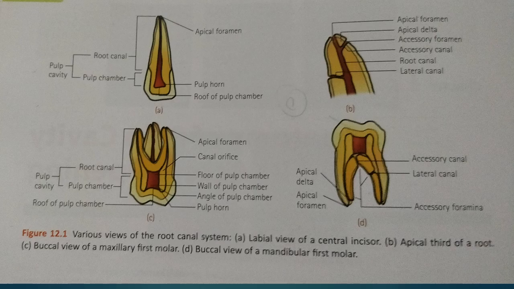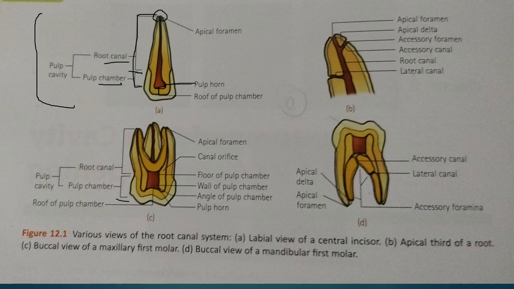See, this is a picture of the anterior teeth. From here to here is the pulp cavity, which has been divided into two portions, the pulp chamber and the root canal. This is the roof and this is a pulp horn. See, it extends itself so as to form the contour of the tooth, and this is the apical foramina. The same terminology applies in the molars.